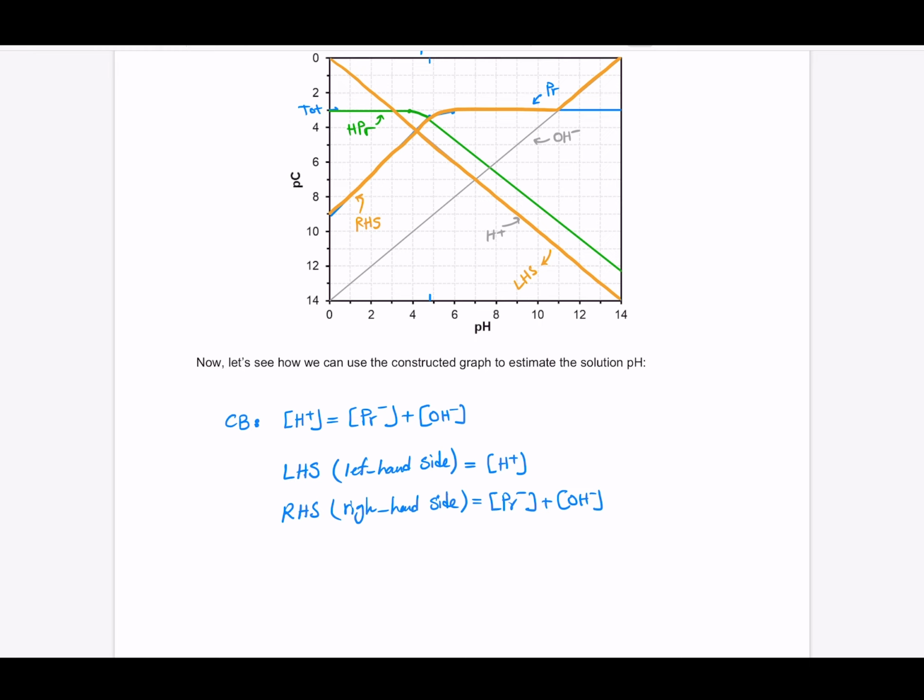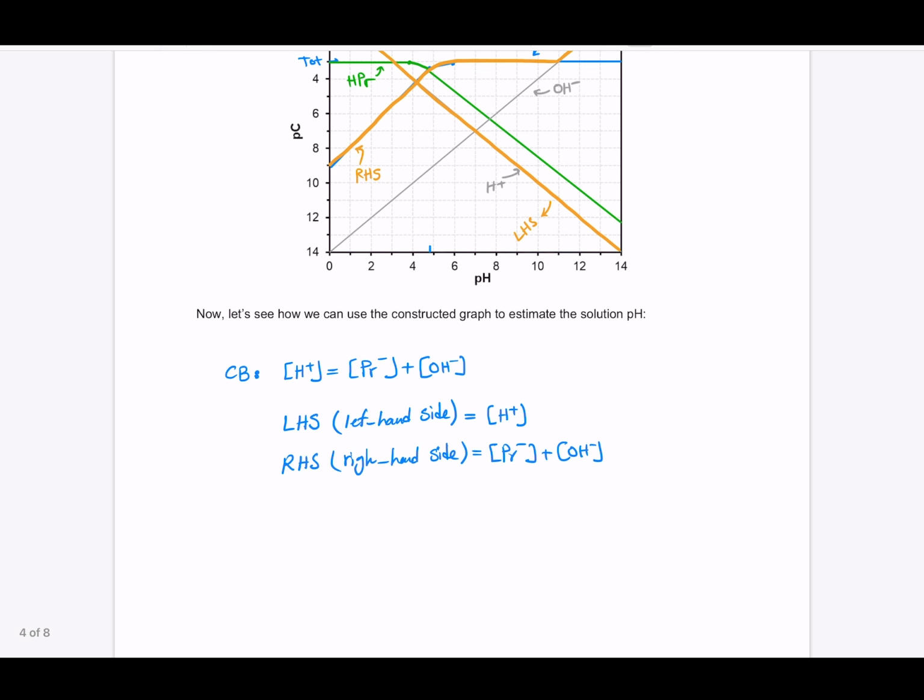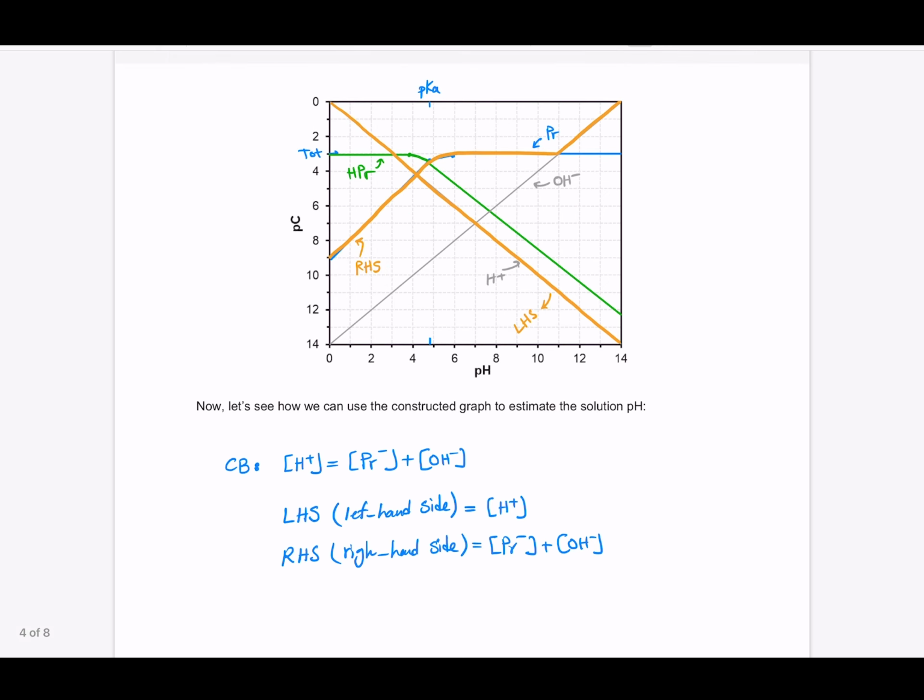And now we have these two graphs. We have RHS, we have LHS. So we just need to see where they cross. And that's this point of the cross. Almost, the pH is almost 4.